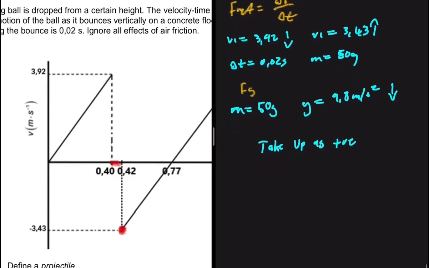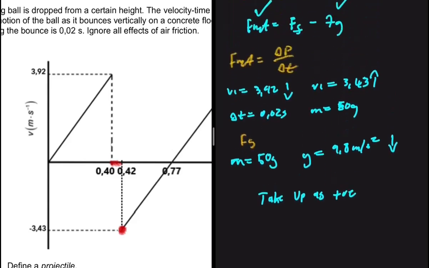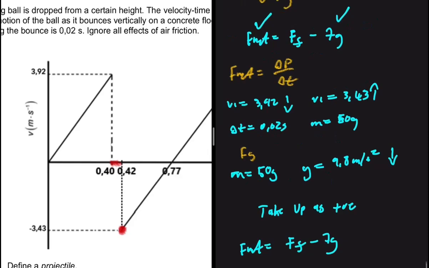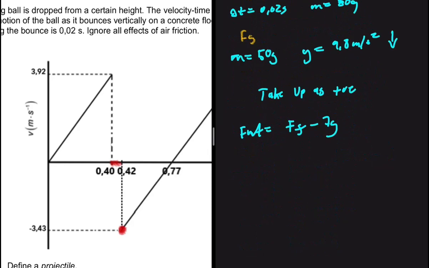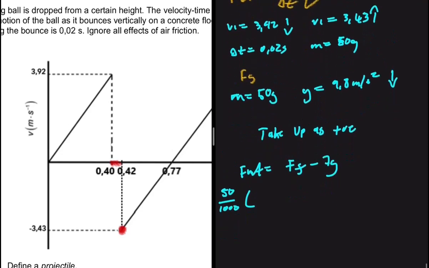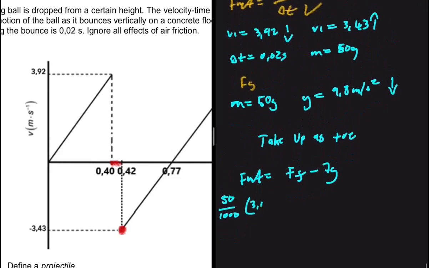So in place of F net, let me just write our equation down again. F net is equal to the force applied by the floor minus Fg. In place of F net, we can put the rate of change in momentum, right? So the mass will be 50 divided by 1,000 multiplied by Vf, which is 3.43 upwards, minus Vi, which is 3.92 downwards.